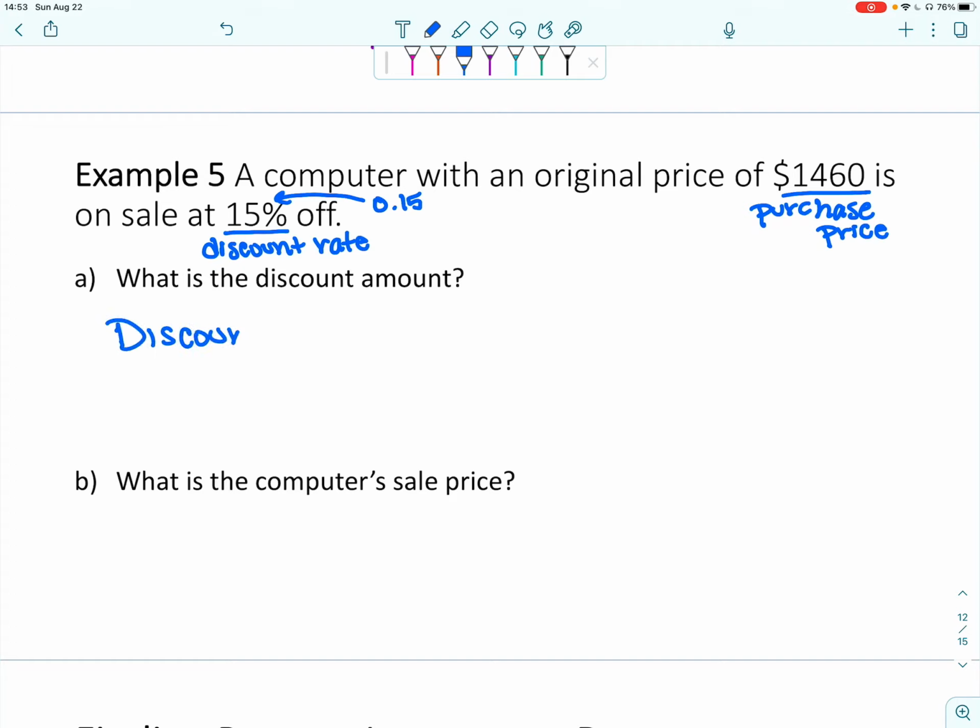So we find the discount amount the same way we found the tax amount. We're going to take the purchase price of $1,460 and multiply that by the discount rate. So $1,460 times 0.15 is $219.